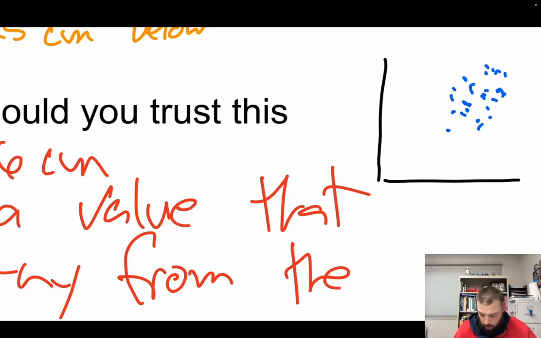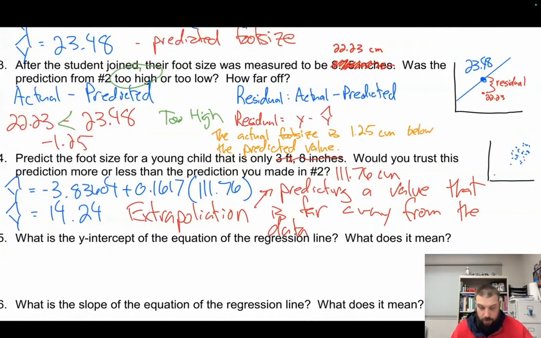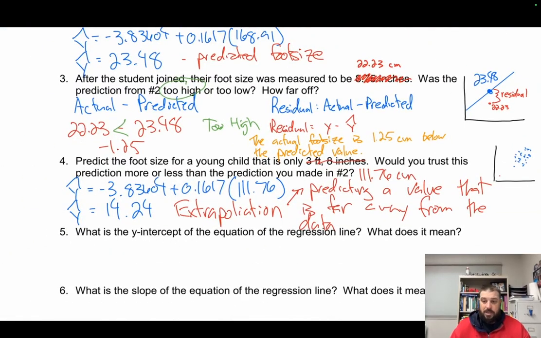And then we have this data point down here of this younger kid that's far away. And so we're extrapolating and predicting a value based on data that's further away. We know certain things about a young child, and then eventually we get into puberty, and then we explode in our growth. So it's not all linear, and we're trying to predict with a linear model, and so not as trustworthy of a prediction.